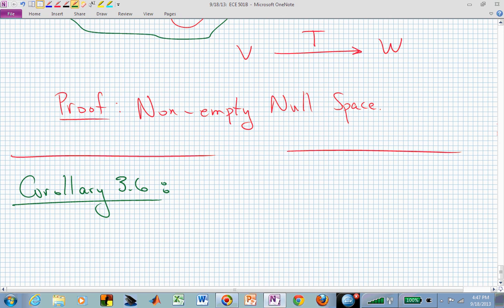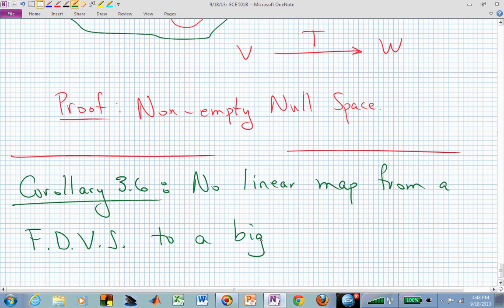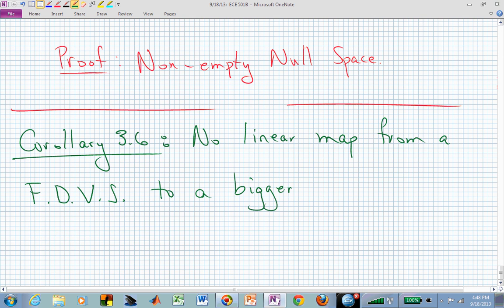And it says no linear map from a finite dimensional vector space, now we're going from small to big, to a bigger one. Again, we're saying small and big in terms of dimension.